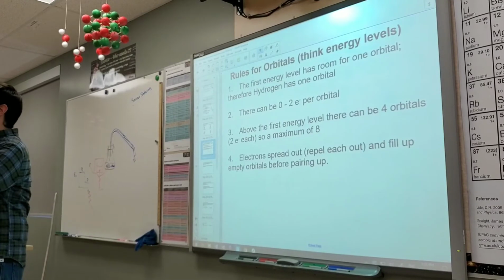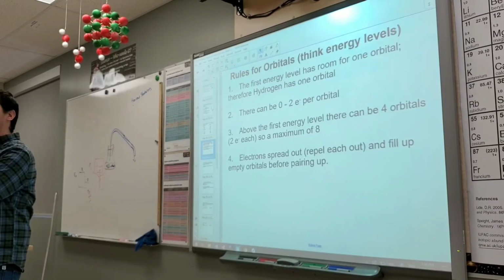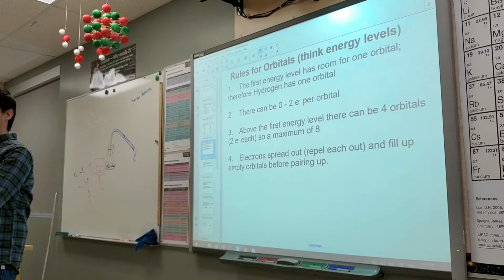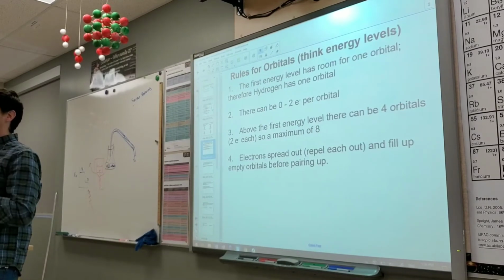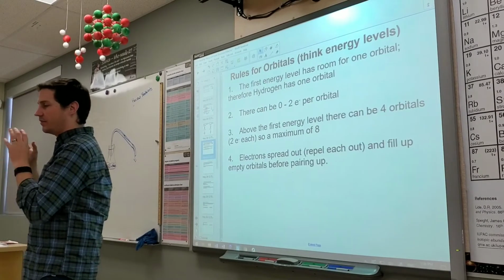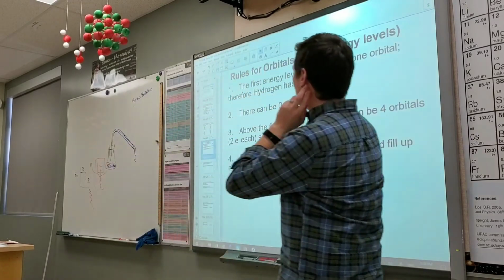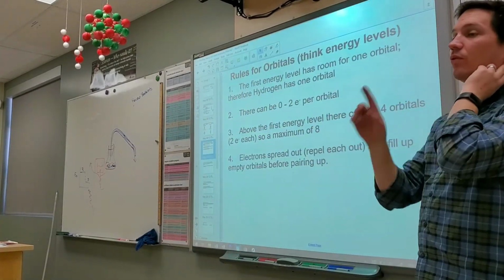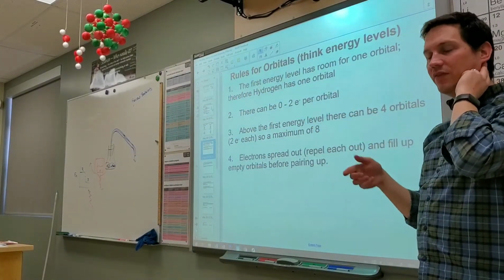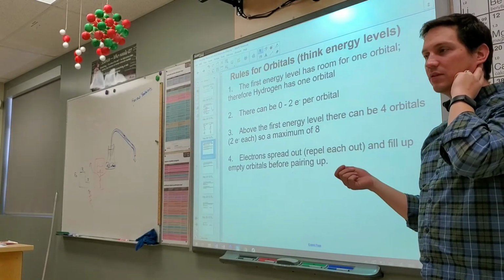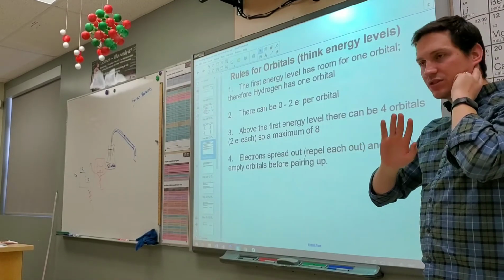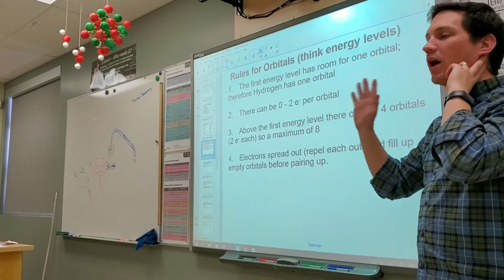Now, electrons don't like to do anything. They don't have personalities, but it just happens that they have their lowest energy in these pockets of area. Okay? So the first energy level has room for 1 orbital. How many electrons can fit in the first energy level? 2.